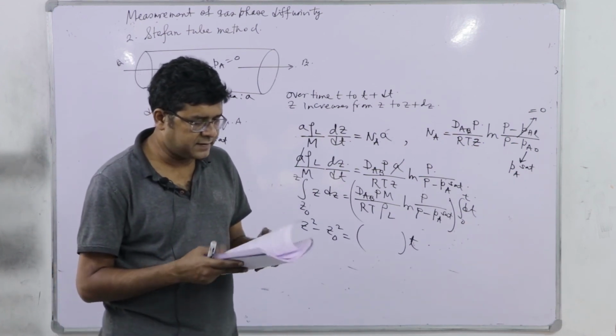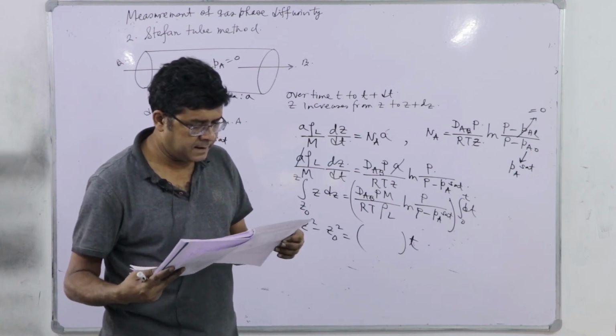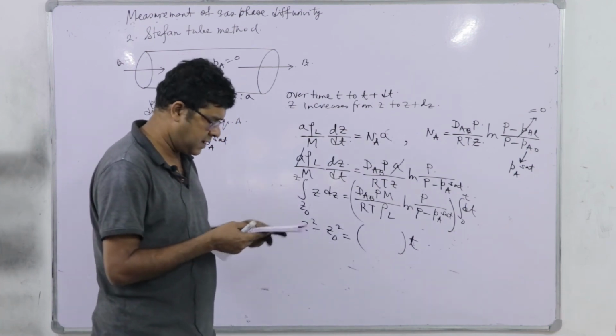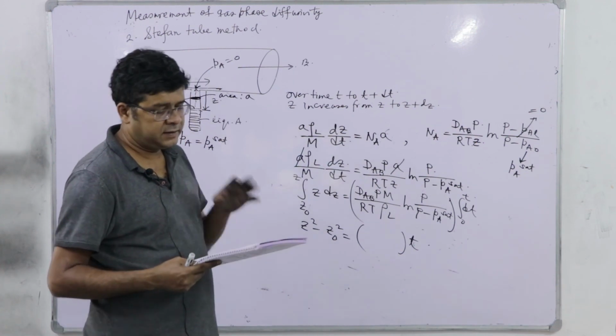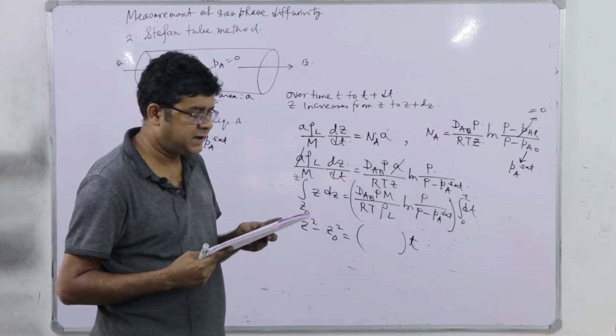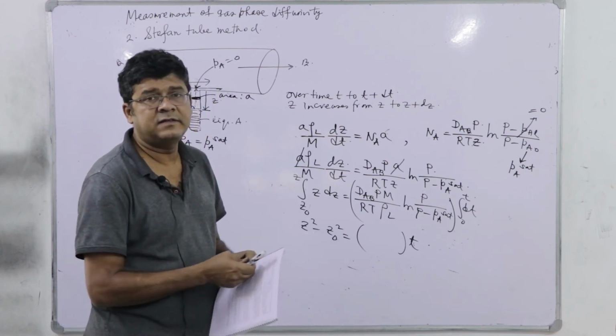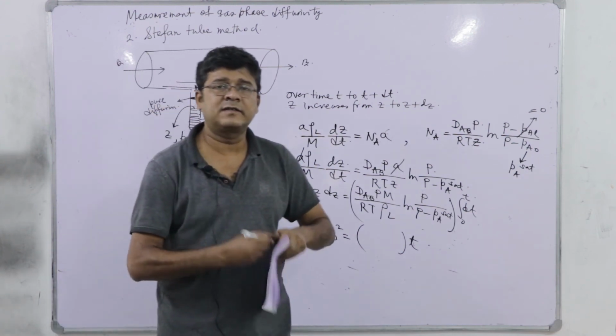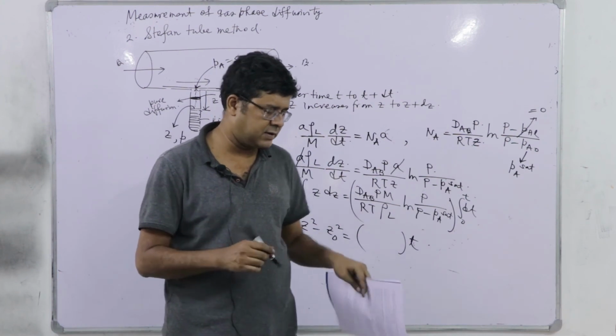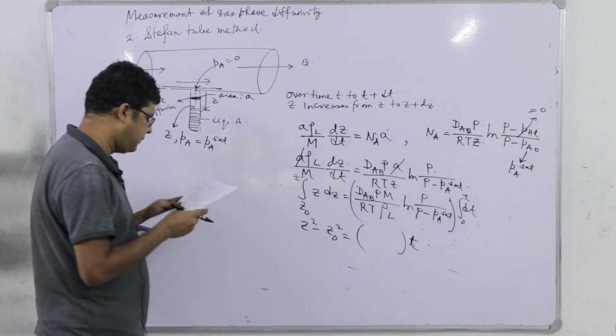Right. So, that is the Stefan's tube method, and you see regarding the gas diffusivity, there are some predictive equations for this gas phase diffusivity, and these equations are mostly based on this kinetic theory and this molecular thermodynamics or molecular perspective.